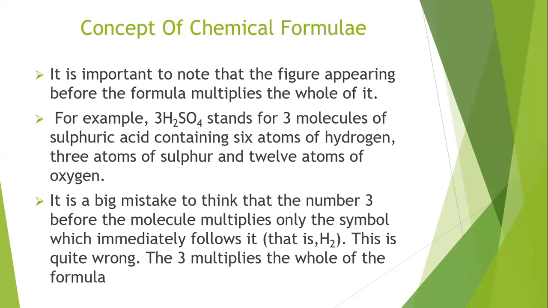So you take 3 multiplied by the 2 of hydrogen, which means there will be 6 atoms of hydrogen. Then 3 multiplied by 1 atom of sulfur means there are 3 atoms of sulfur. And when you multiply 3 by the 4 atoms of oxygen, it means there are 12 atoms of oxygen.